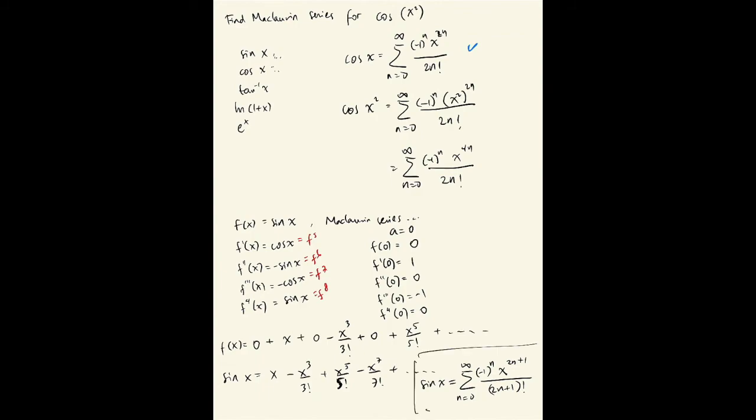So this is for sine, okay? And then if you want to differentiate and make it cos, you need to subtract 1 from the n, and you will get this. I just need to show you that you can use integration and derivatives to find the sum. So from sine, if you want to differentiate and make it cos, you just need to differentiate the sum. Maclaurin is always 0.